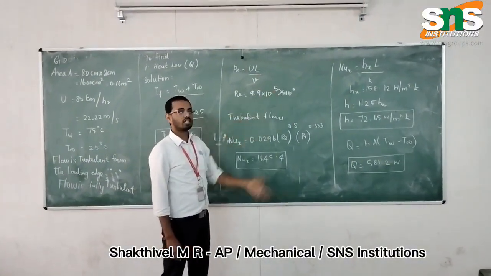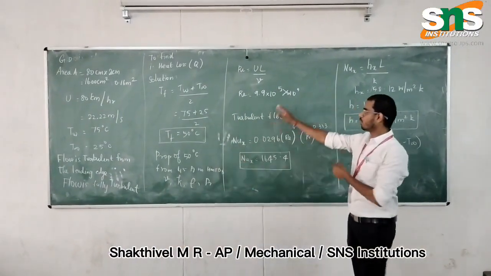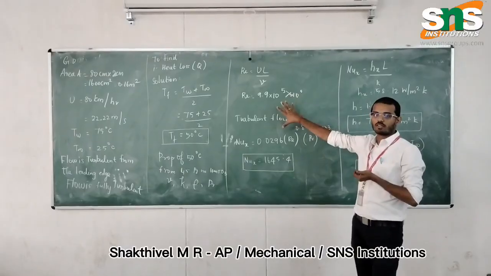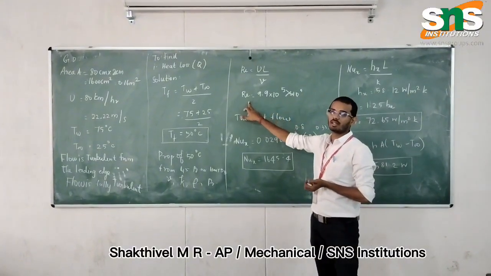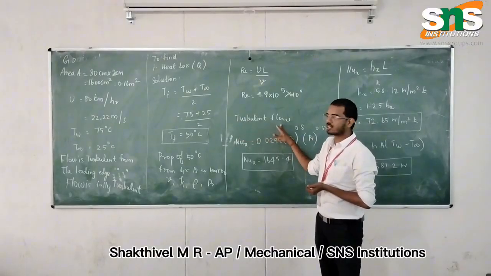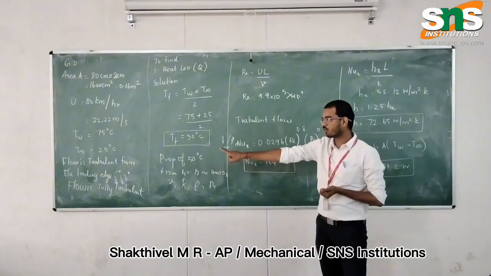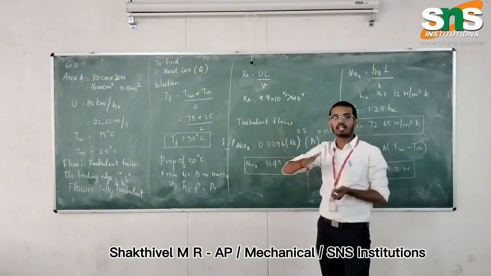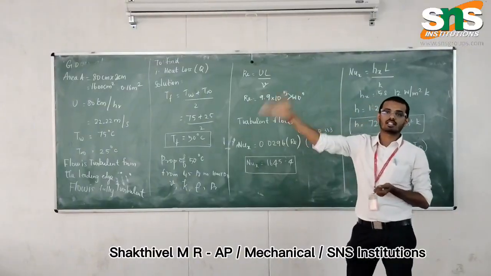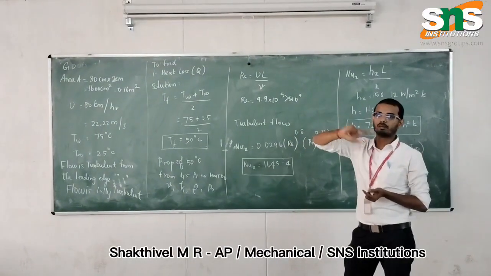In the question itself they mentioned it is a turbulent flow, so you are not supposed to find out the Reynolds number, but to follow the procedure steps and get the marks, we have to find the Reynolds number. So the flow is turbulent from the leading edge, starting to the ending it is turbulent. There is a difference between turbulent and fully turbulent flow.